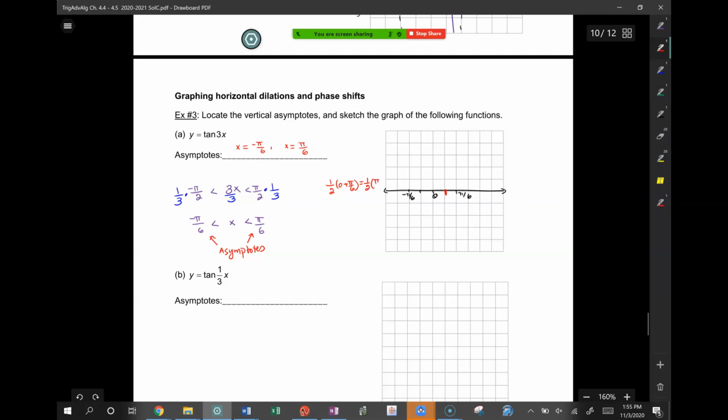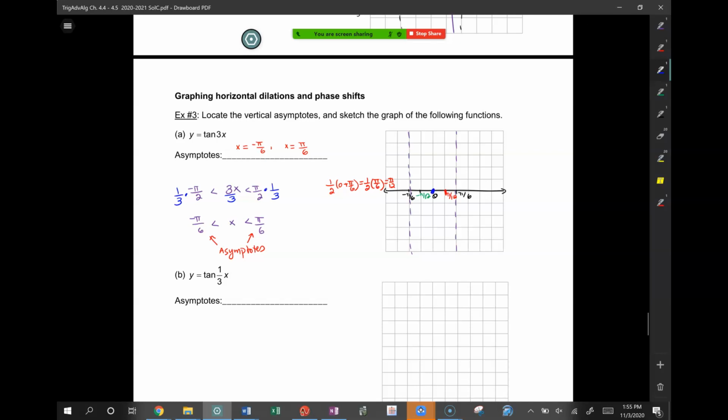That's half of π/6, π/12. And the other one is -π/12. Okay, let's put in the asymptotes. The rest is history.